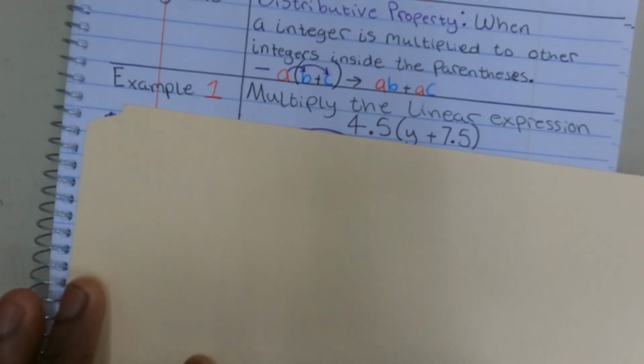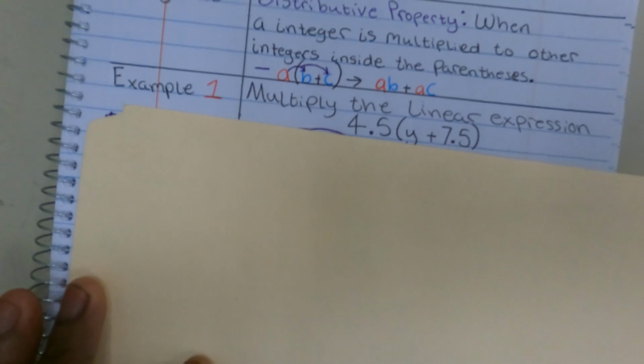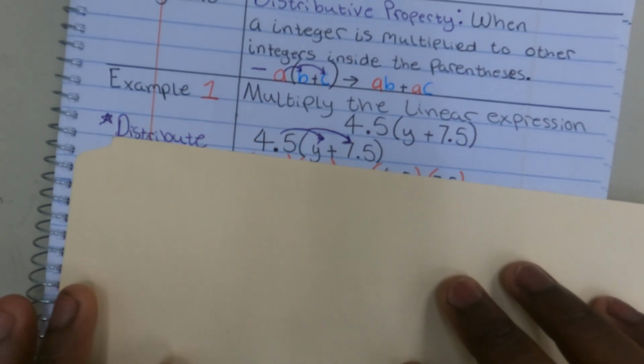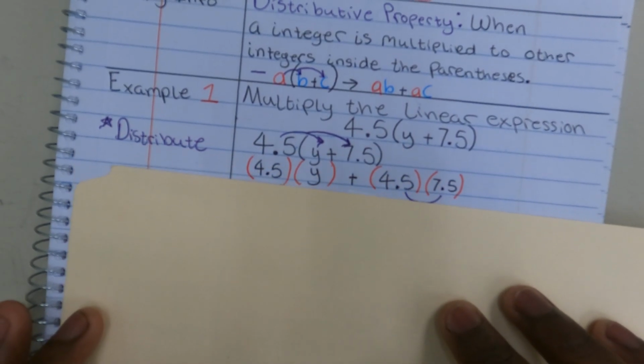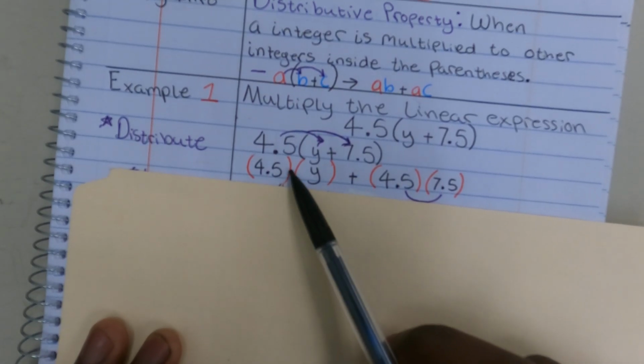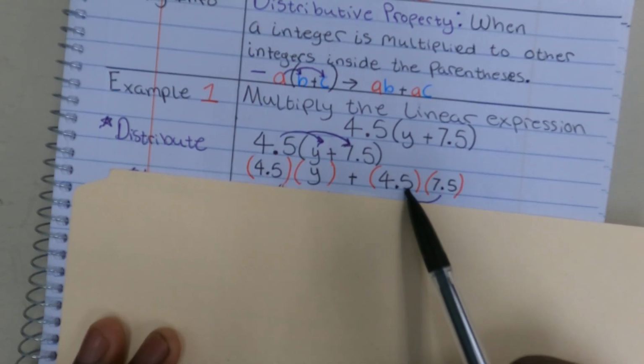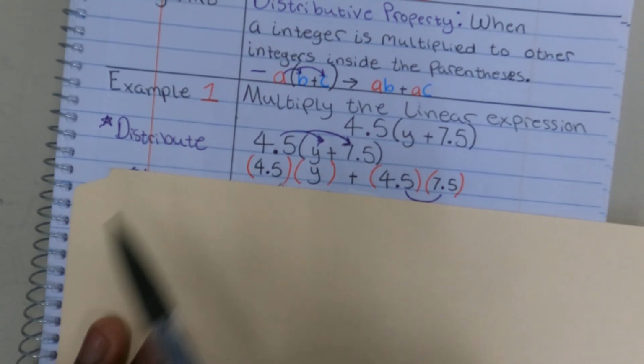So the first thing you're going to do is distribute 4.5 inside the parentheses. So it's going to look like this: 4.5 times y plus 7.5 as seen below. So we just distribute.